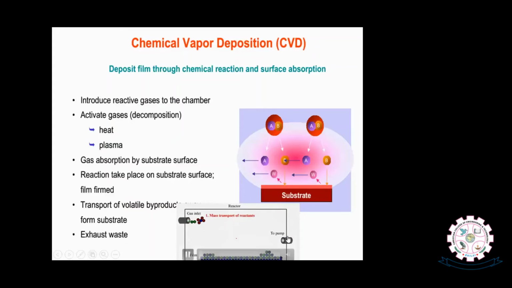So you have created a vacuum using the pump. The gas molecules are coming. The substrate is heated here, and they will fall onto the substrate, and the reaction is taking place. So this is how the general deposition process continues.